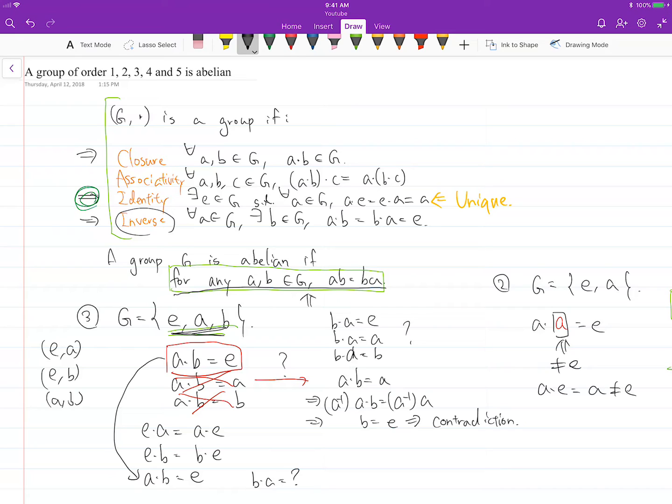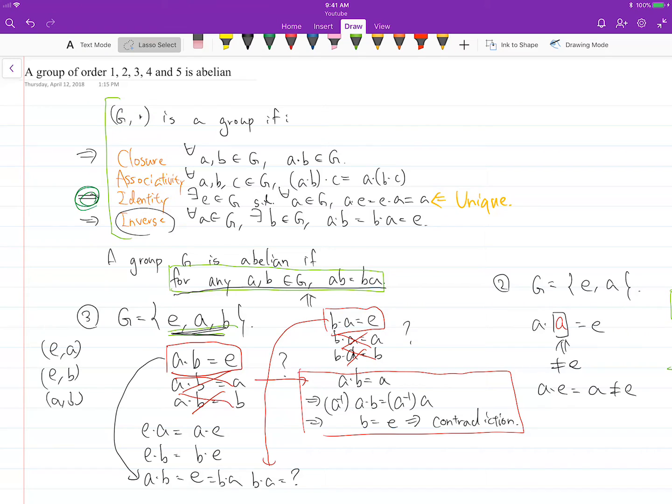And then we can use the exact same argument as this one to show that B times A is not A and B times A is not B. So we know that B times A has to be E. So we can show that A times B equals B times A, which is the definition of an abelian group. So here we show that a group of order 3 has to be abelian.